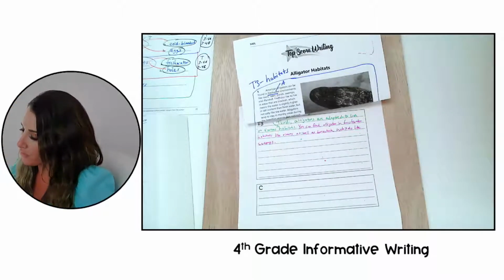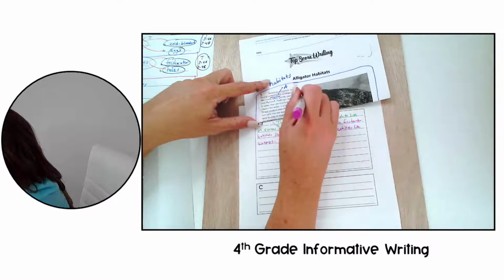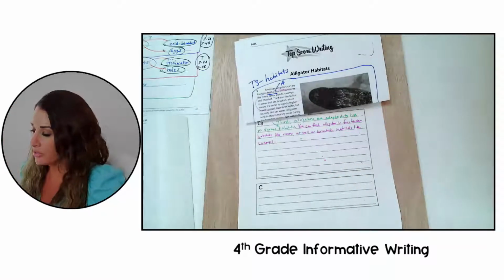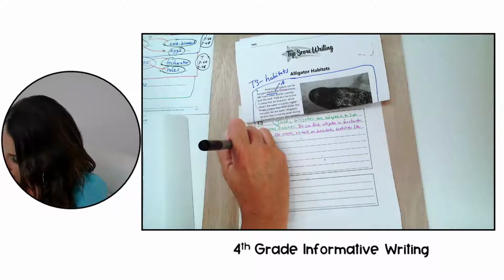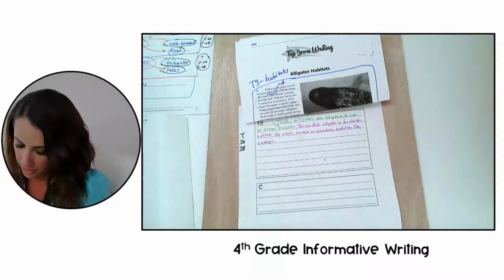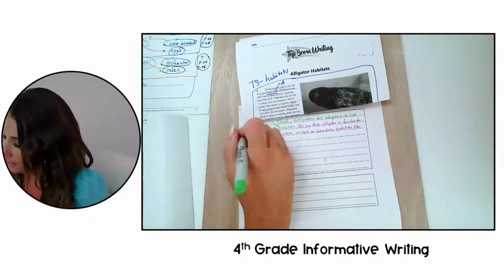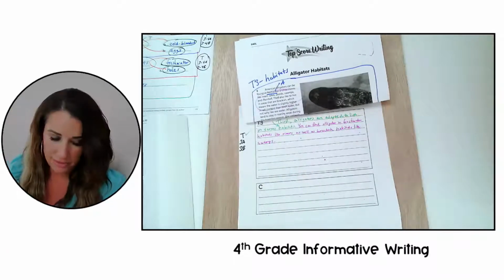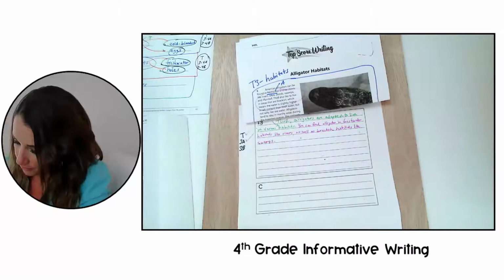Okay, so I took the information I just went over with you right here, and I put it in my own words. Now, I'm going to put the little key over here, T, 3A, 3B. My topic sentence I did, so I'm going to go ahead and put a check next to that. And now I have one sentence about my A, because my A is about freshwater, and I'm going to keep going.